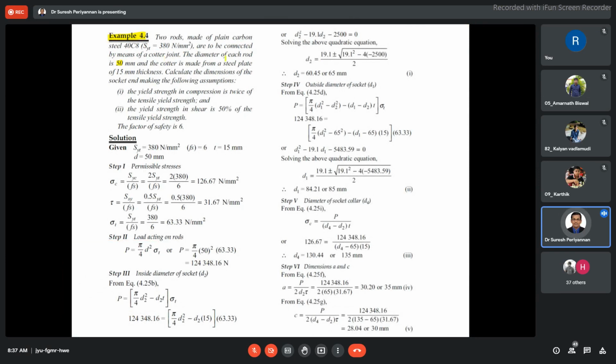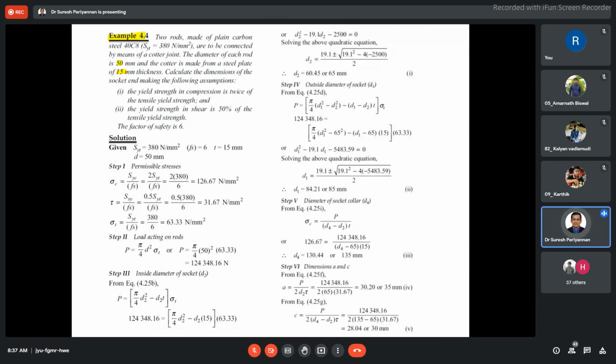The diameter of each rod is 50 mm. The left side rod will be connected with the socket end, and the right side rod connected with the spigot end. And the quarter is made from the steel plate, 15 thickness. Quarter thickness has been given.